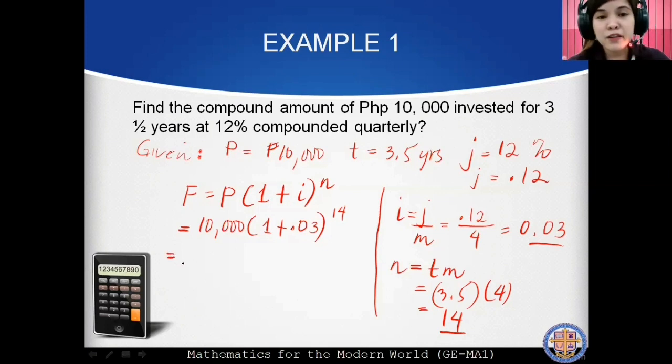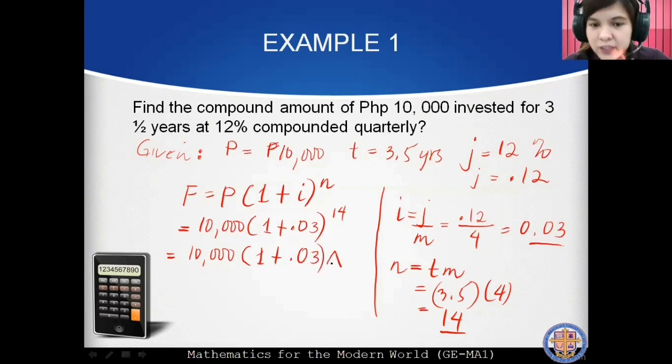Then always remember that you need to round off your final answer to the nearest hundredths, up to 2 decimal places. In the calculator, this is how you press it if you use a scientific calculator. It is not possible with an ordinary calculator like the ones in stores. So, 10,000, open parenthesis, find it in your calculator, then 1 plus 0.03, then you will find the power symbol on the calculator, then 14.